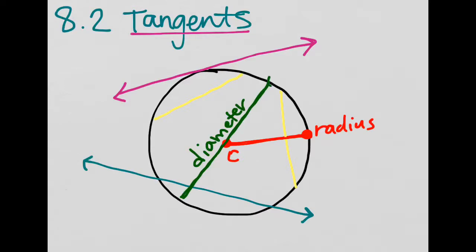There's our diameter, and one of its endpoints is on the circle, and it goes through the center right here, and its other endpoint is also on the circle. Uniquely, it goes through the center. I say uniquely because we also have this line right here, and it has an endpoint on the circle and an endpoint on the circle.